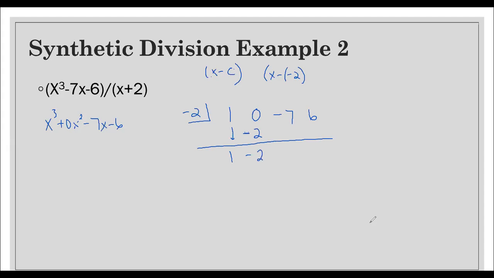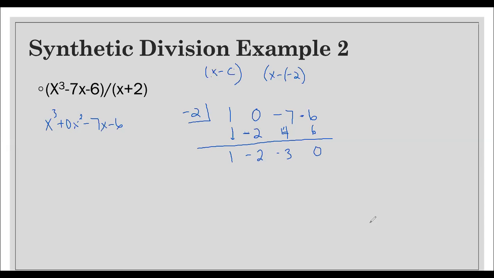Negative 2 times negative 2, we put that 4 here. Negative 7 plus 4 is negative 3. Negative 2 times negative 3 is 6. Sorry about that. And negative 6 plus 6 is 0.